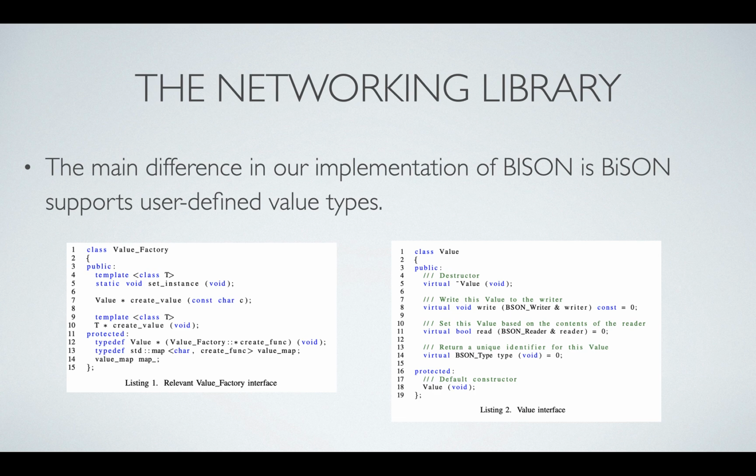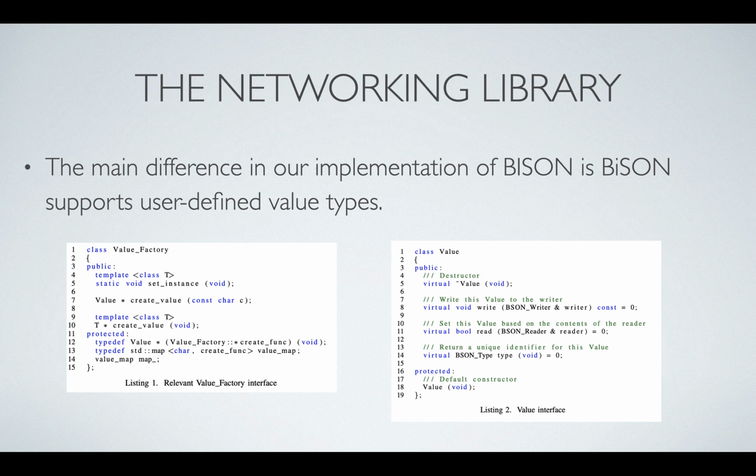Now, when it comes to our networking library, like we said, we did an implementation of binary JSON, which we call BISON. There is an open source implementation called Project Canal, which you will hear about in our results, and there is a legacy implementation which comes from MongoDB as well. Unlike those two implementations, what makes ours different is that BISON, or binary JSON, can support user-defined values, but the current implementations of those two technologies don't let you do that easily.